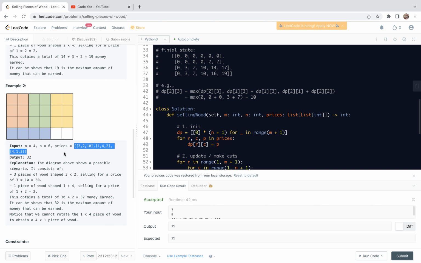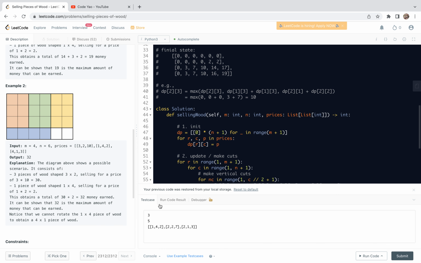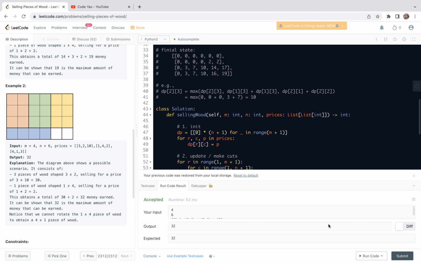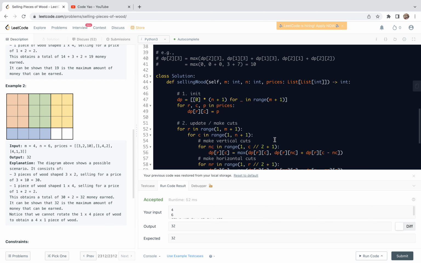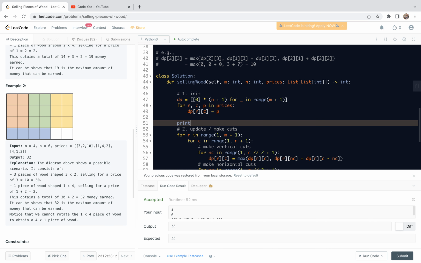So let's check the special cases first. It passes the first one, and then let's look at the second example. It's 46, and then it passes this case.